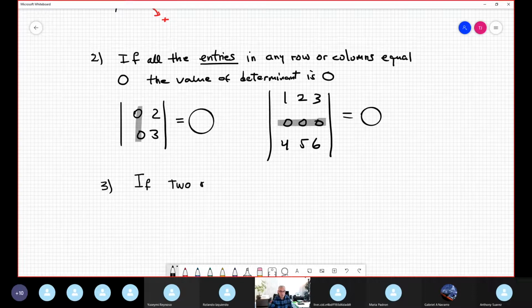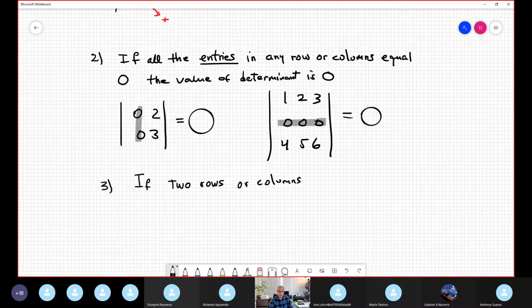Suppose you have 2 rows or columns. In determinant language, we talk about row or column. In matrix language, we only talk about row operations. Never did I explain column operations in matrices. However, in the determinant, yes, we can do both.